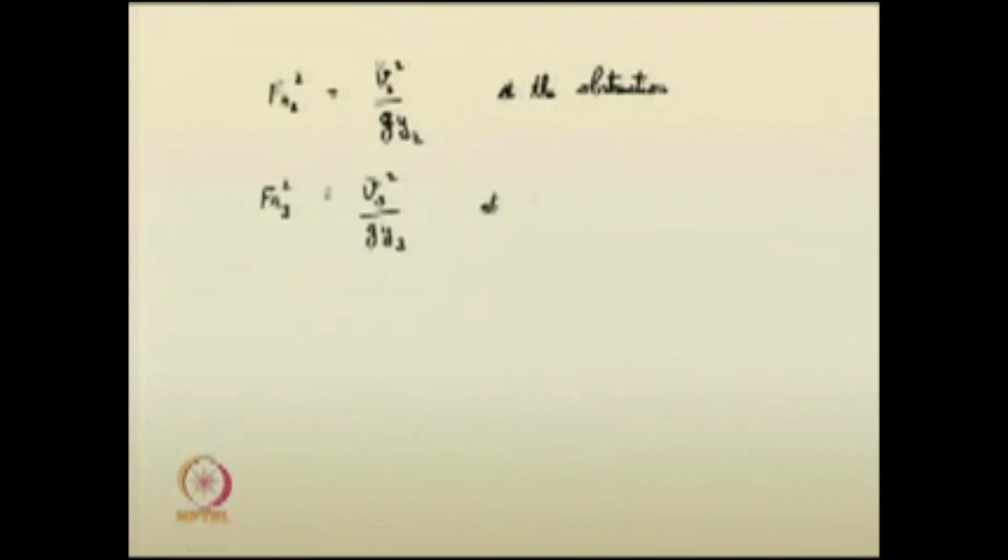We take all sections as rectangular. So, the square of the Froude number at the obstruction is V2 squared by g y2. Similarly, the downstream Froude number is given by V3 squared by g y3.